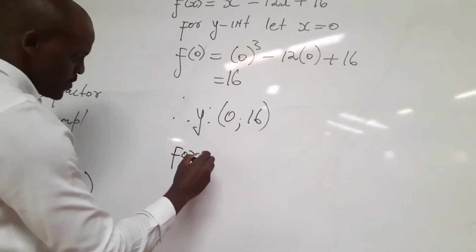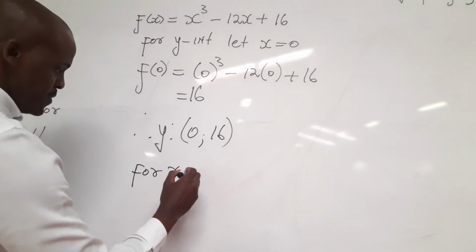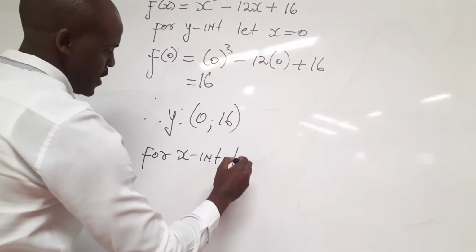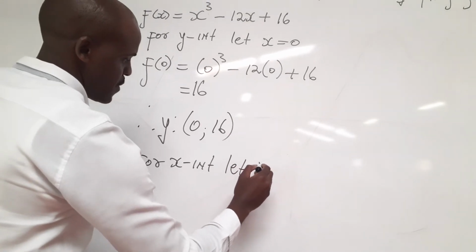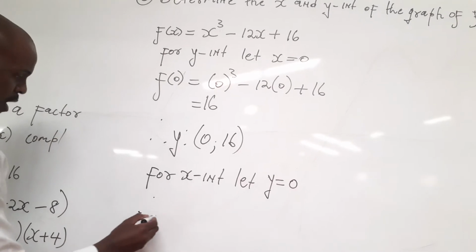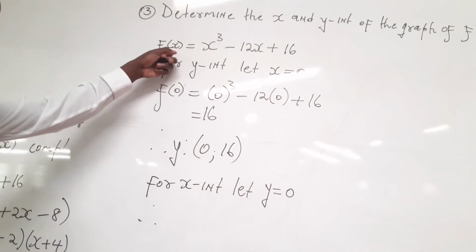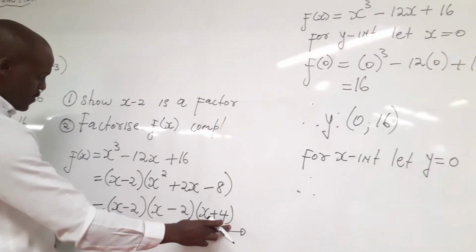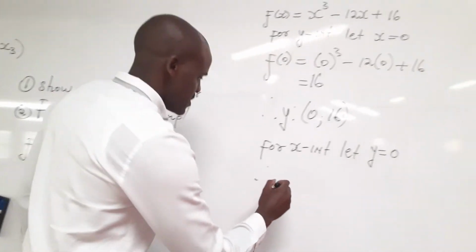For x-intercept, we are to let y to be 0. Our y is f, remember. Therefore, in our equation, because we have factorized it here, let us write it as it is.